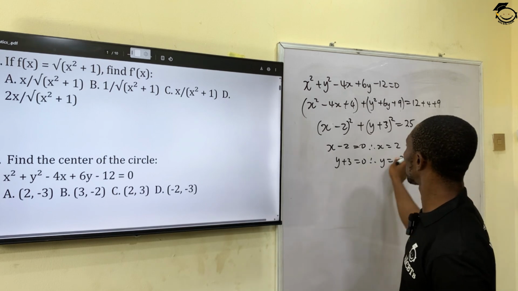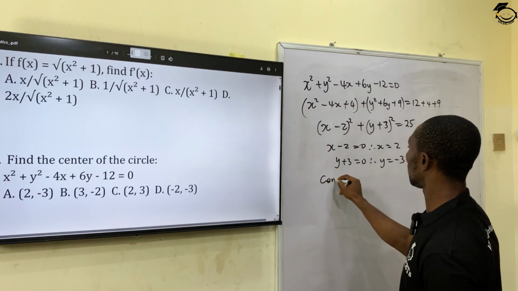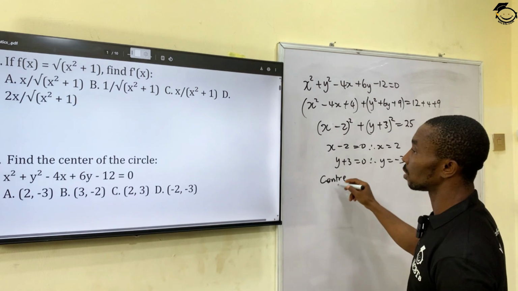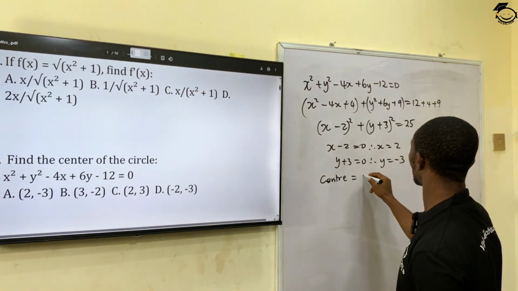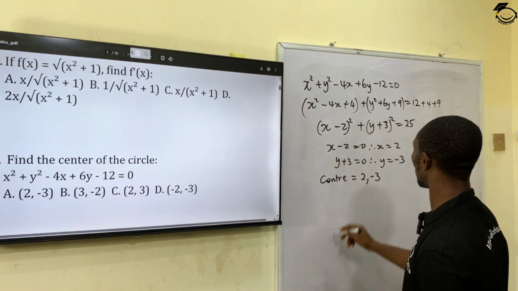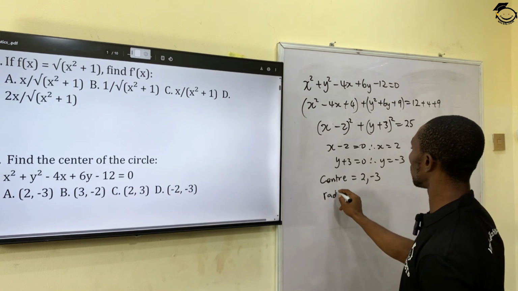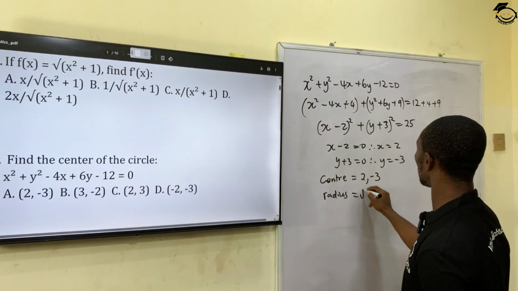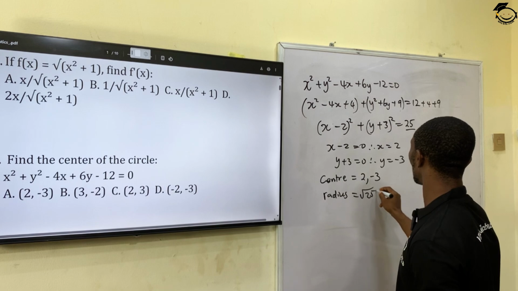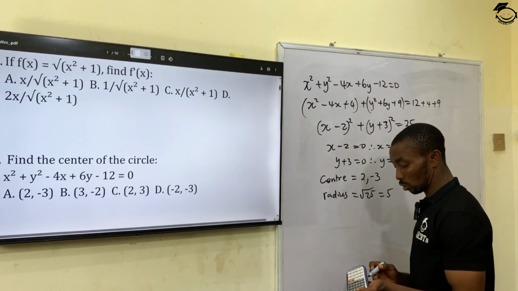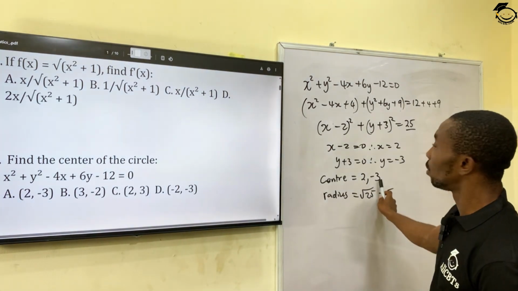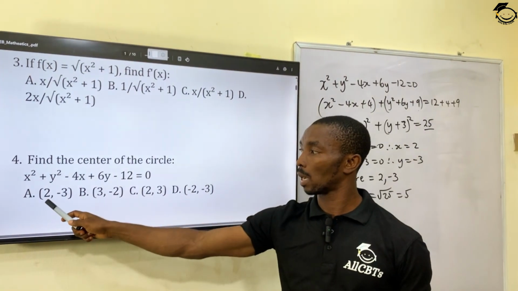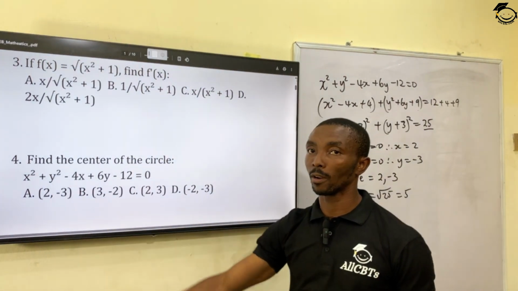So the center of the circle will be at 2 and minus 3. And if you ask for the radius, it is root of 25, which will be 5. So the center of our circle will be at 2 and minus 3.